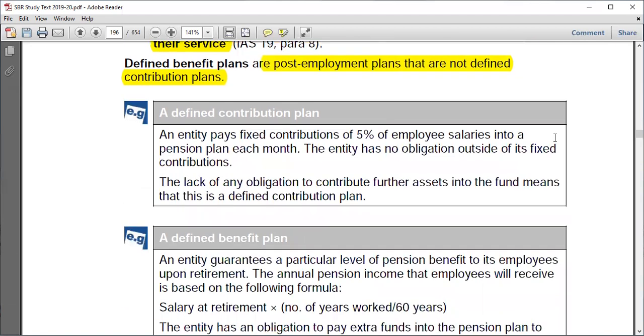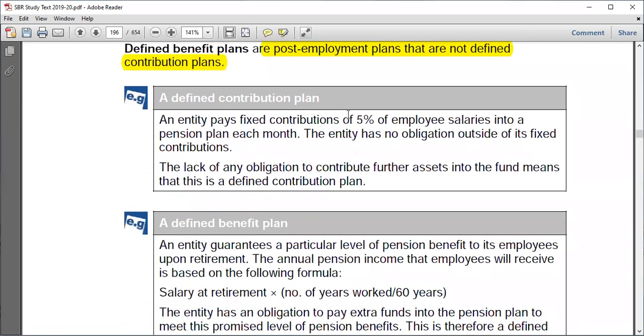Just like that. Here is just an illustration, right? Let's say an entity pays a fixed contribution of 5% of employee salaries into the pension plan each month. The entity has no obligation outside of its fixed contributions. In Tanzania, for example, we have this, where you can be told the entity pays a fixed percentage of the salary.